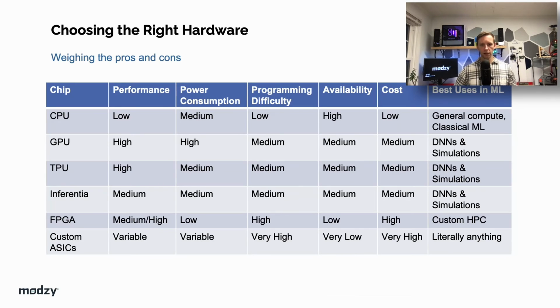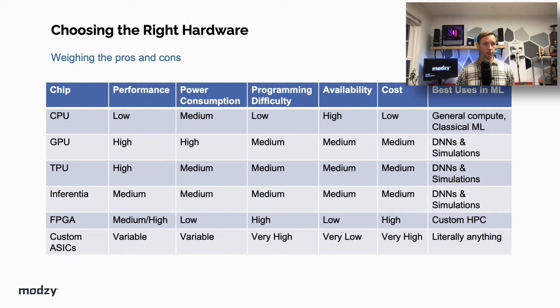So kind of putting it all together, this is an assessment of where you stand today with the choices you might make for your machine learning applications. If you're doing general compute and classical ML, don't even think about doing anything else. Stick with the CPU. Stick with CPUs that are consistently accessible.